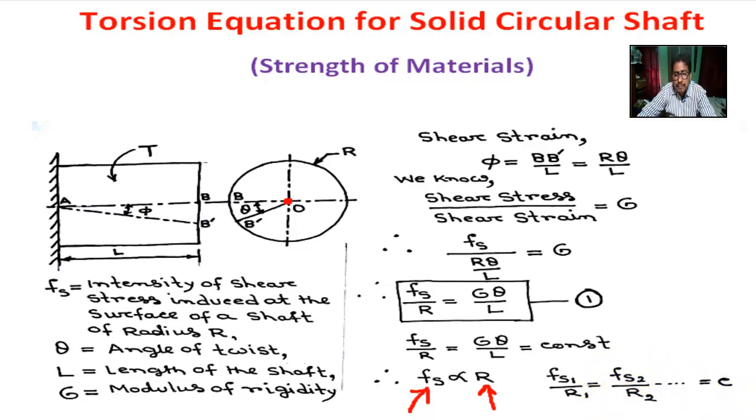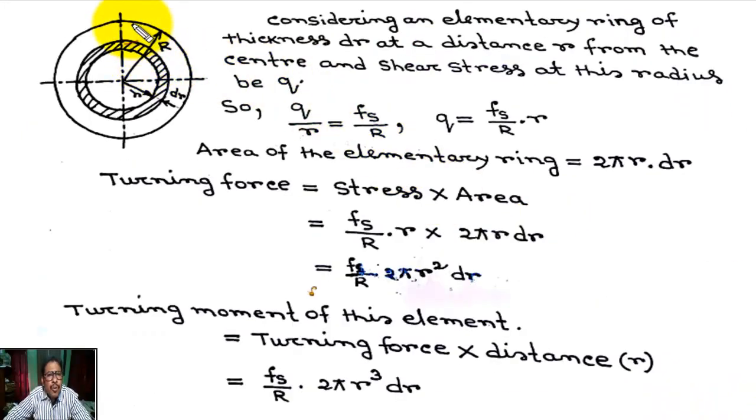Now this is the cross section of the solid circular shaft.